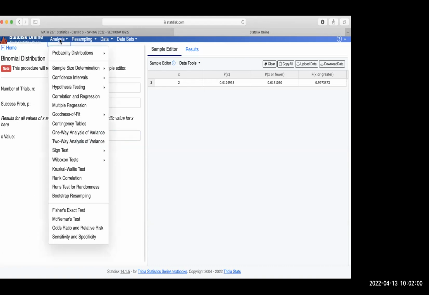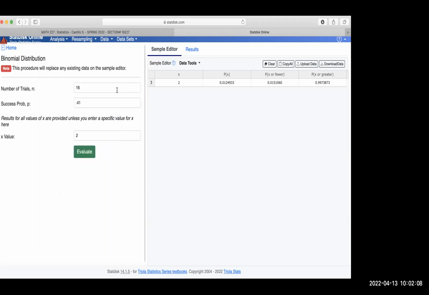First, go to StatDisk, click on the Analysis menu, and then from the probability distributions, click on Binomial Distribution. Now let's put in the number of trials, 8. The probability of success, 0.38. And I want to do everything from X greater than or equal to 1. So let's plug in 1.